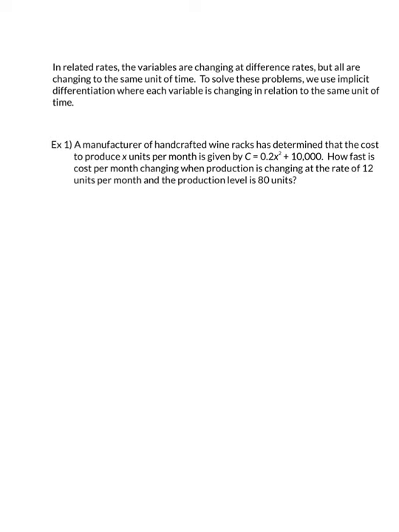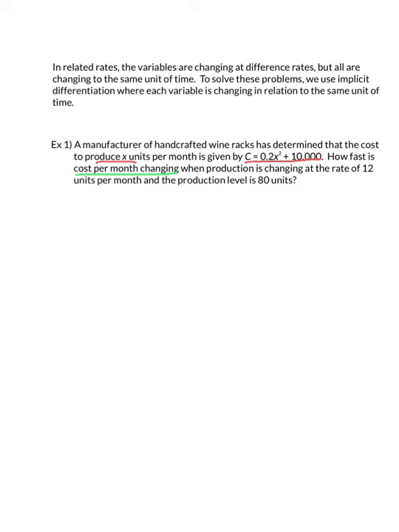It tells us here that the number of units produced is x. Our function that we are going to work with is given right here. The question asks us, how fast is cost per month changing?